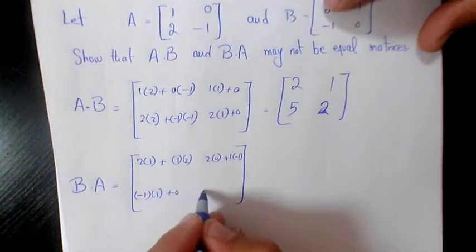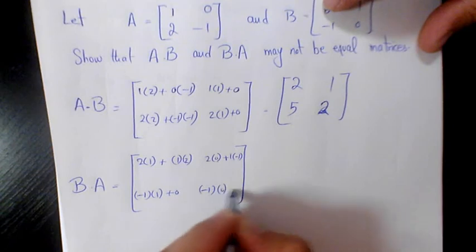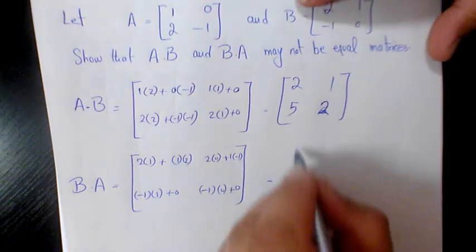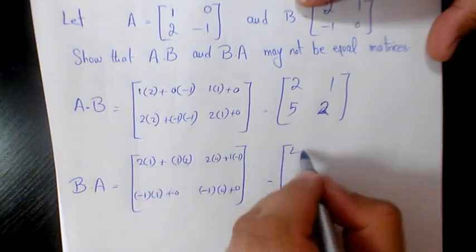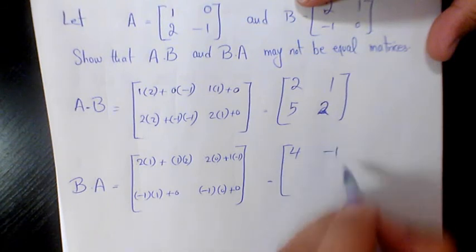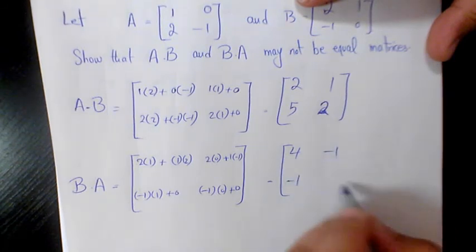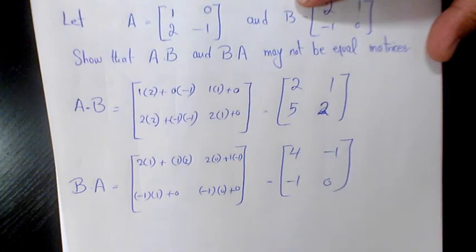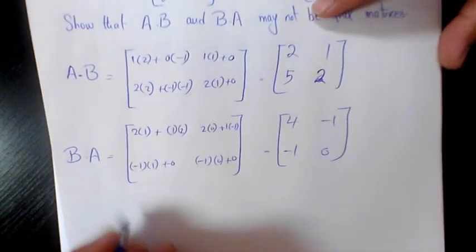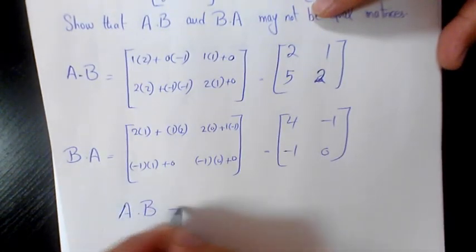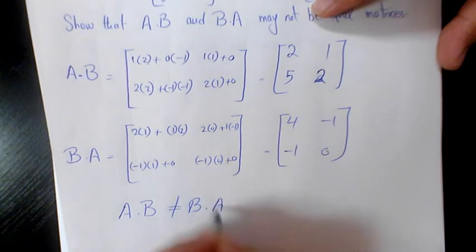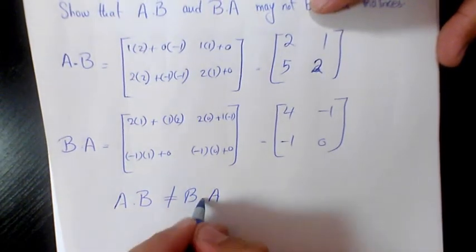And finally negative 1 times 0 plus 0 times negative 1. So that's going to be 2 plus 2, 4. Negative 1, negative 1, and 0. And that's BA. So A times B is not necessarily equal to B times A.